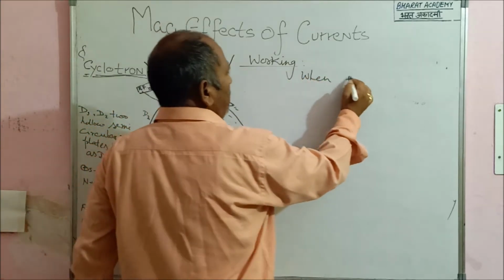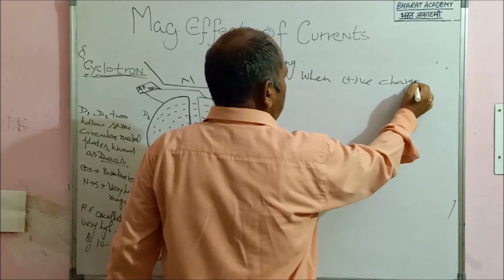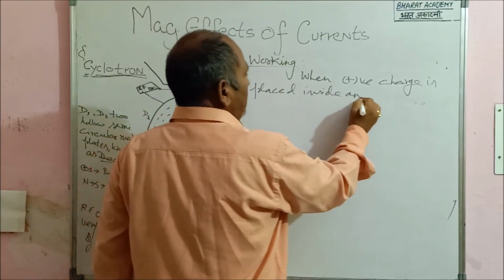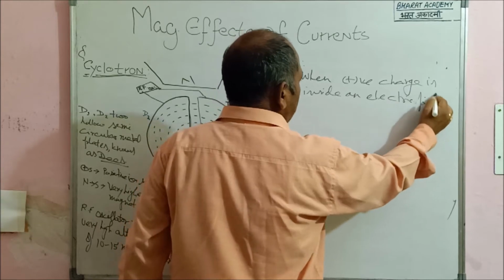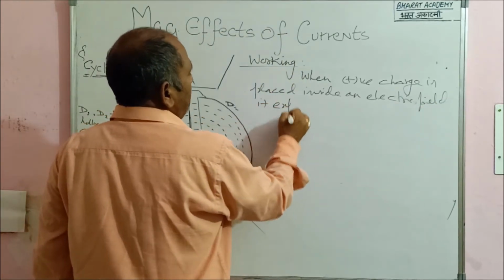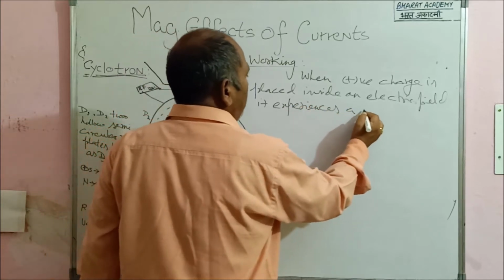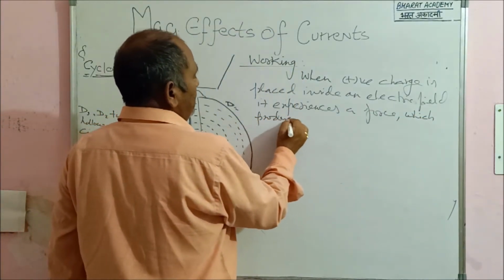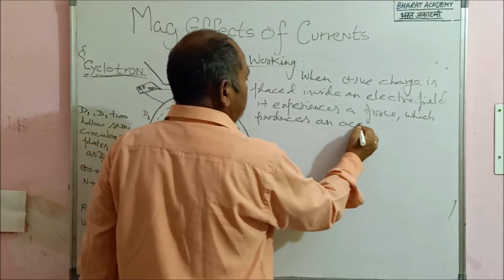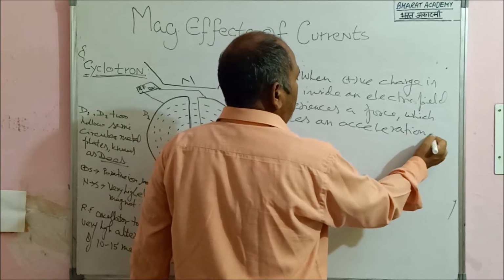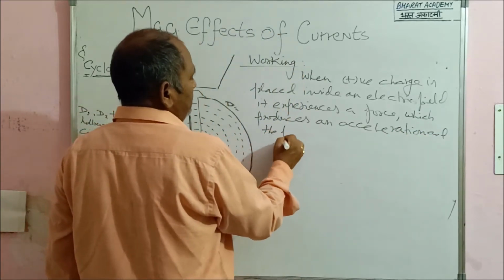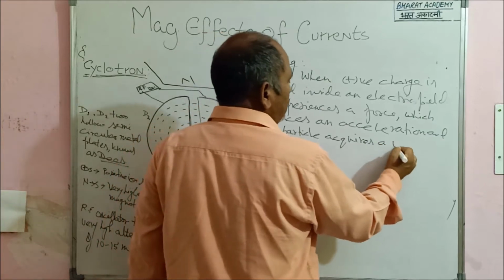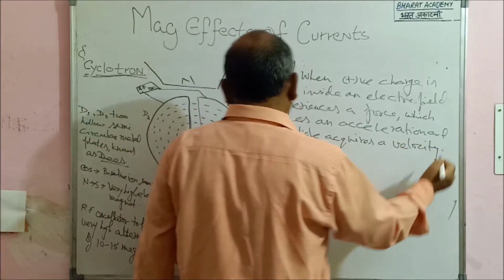When a positive charge is placed inside an electric field, it experiences a force which produces an acceleration, and the particle acquires a velocity. This is the main function of the electric field.